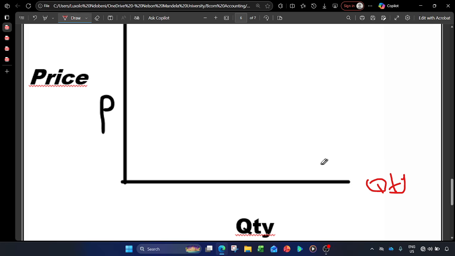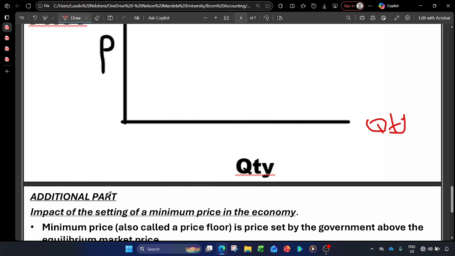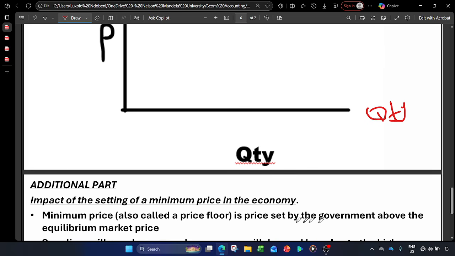Firstly, I want to define it for you. In your additional part, we'll write the heading: impacts of setting minimum price in the economy. But it is very important to define the concept we'll be talking about. Minimum price is sometimes also called the price floor. In section B, sometimes they will ask you to define price floor.